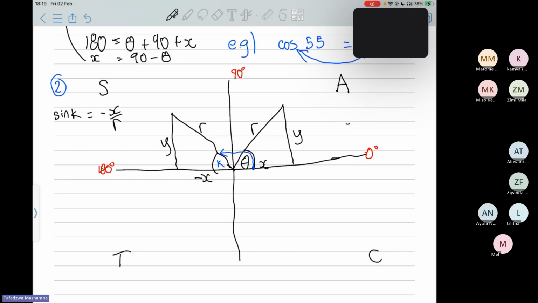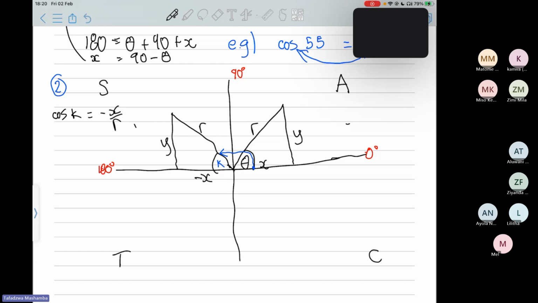Not sine, sorry, this is cos. Because remember, cos is in terms of adjacent, and x is adjacent in this triangle. So if you take cos of k, you'd see that this is negative x over r.